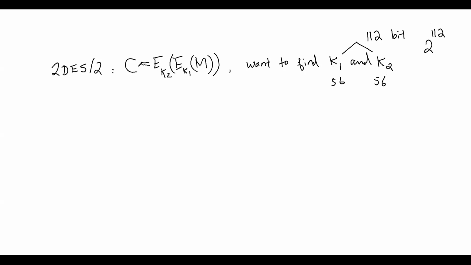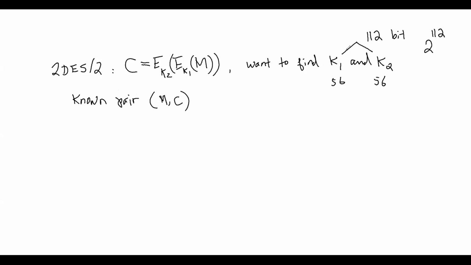So in other words, you have a known pair, a known plaintext and ciphertext.